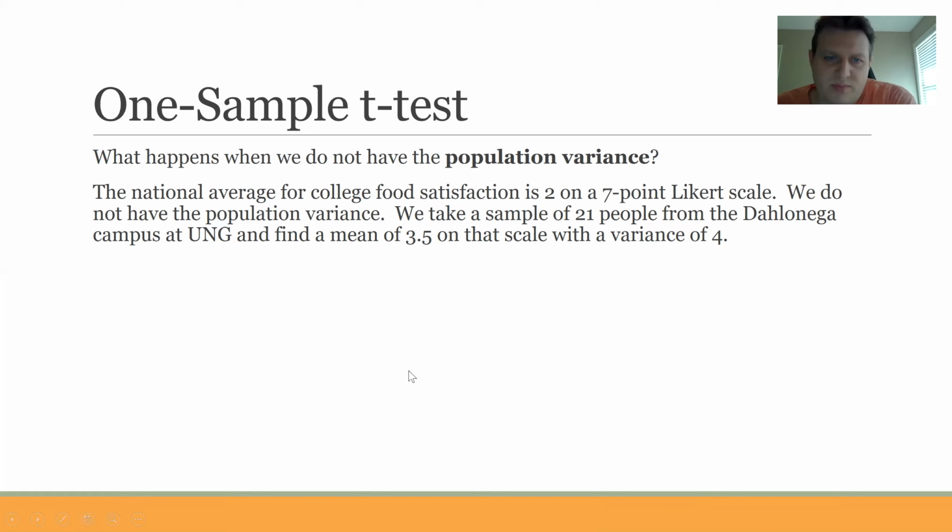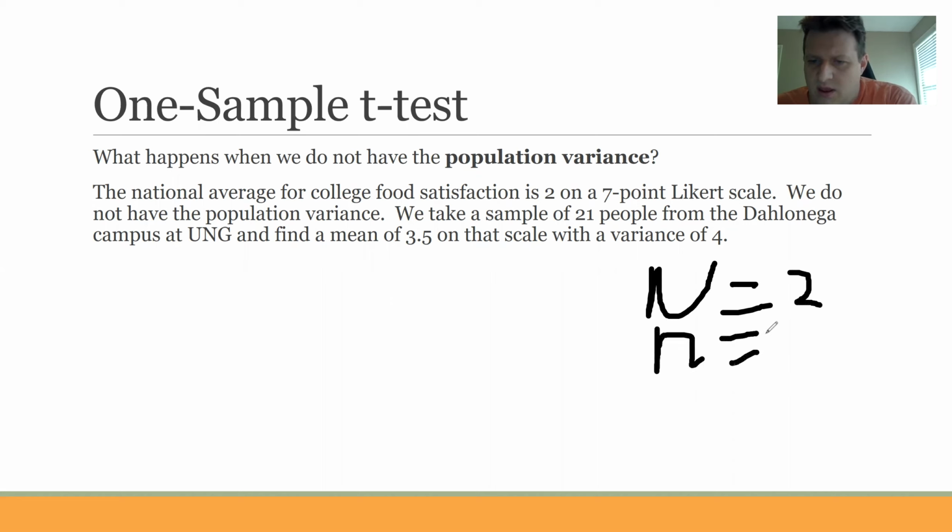Okay, so let's go ahead and write down all the information that we have here. We have a population mean of 2. We have an N of 21.